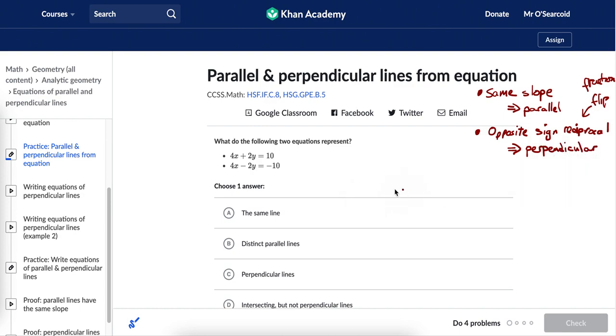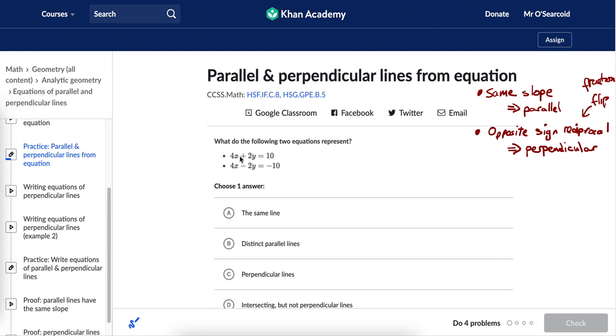All right, so let's take a look at what we've got right here. We've got two equations. They are not in slope-intercept form, so let's convert them so that we can read them in an easier manner. The first is 4x plus 2y equals 10.